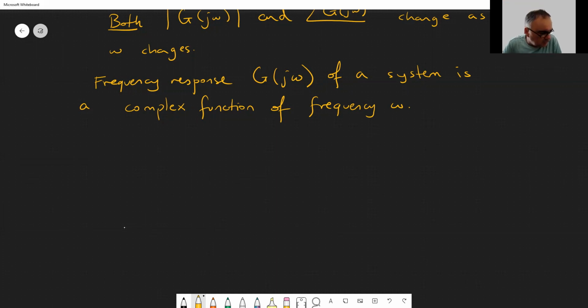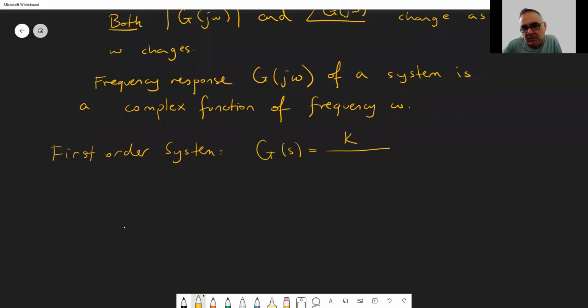So let me give you an example, a first order system, let's say. Let's say that G of s is some gain K over some time constant T s plus 1 as our transfer function. Okay.